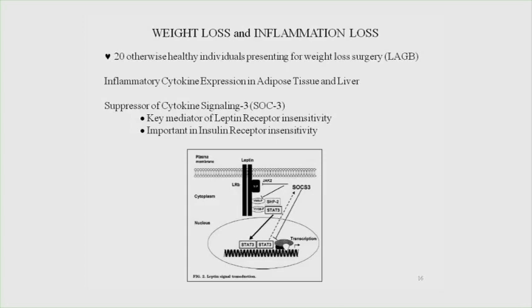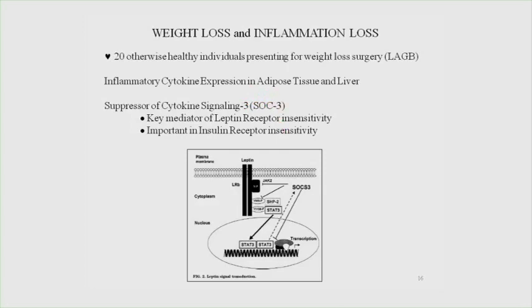Here we're going to look at 20 otherwise healthy individuals presenting for weight loss surgery, laparoscopic gastric banding. You're going to lose weight with that. You're going to look at inflammatory cytokine expression in adipose tissue, fat, and in the liver. They're going to focus on SOCS3, suppressor of cytokine signaling 3.